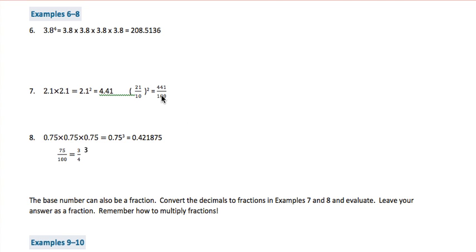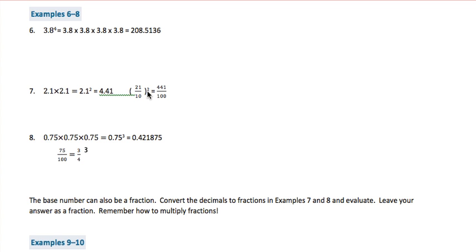So in looking back at number 7, when we write 2 1/10 as an improper fraction, it's 21/10. And then raising it to the 2nd power, I put this in parentheses just mainly because I had some difficulty trying to represent an exponent in Word.